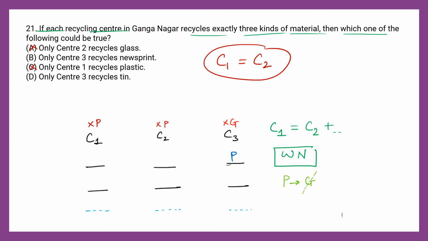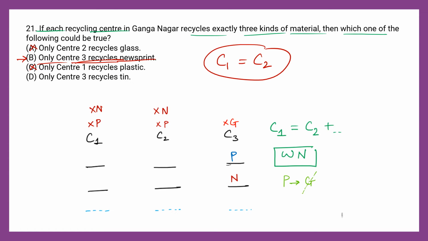Now let's look at option B, which says that only center 3 recycles newsprint. So I put N in here, and since only center 3 recycles newsprint, you don't have N here or here.